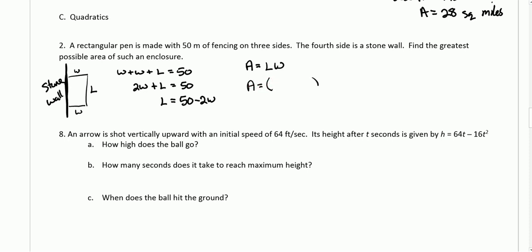Instead of writing the length times width, we're going to substitute in the 50 minus 2 times W here. And now we can distribute the W here to 50 and negative 2W. And we get the area is equal to 50W minus 2W squared. I'm going to rewrite it as the area is negative 2W squared plus 50W.